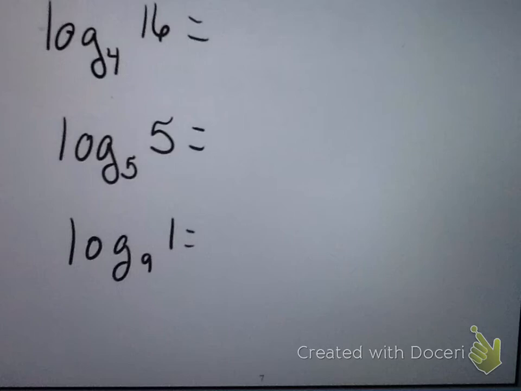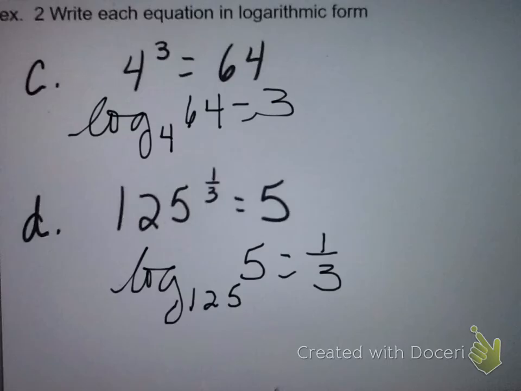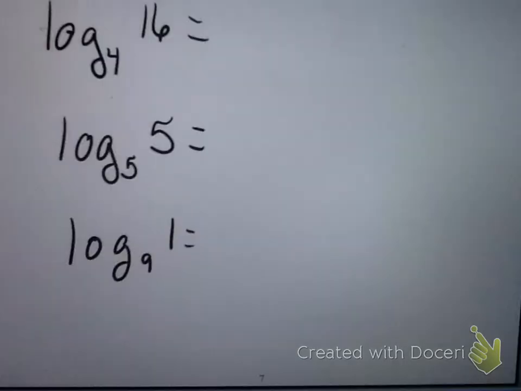Okay, so if you want to think of that as an x right here. 4 to what power gives you 16? 4 to the second power gives you 16, so log base 4 of 16 is equal to 2.